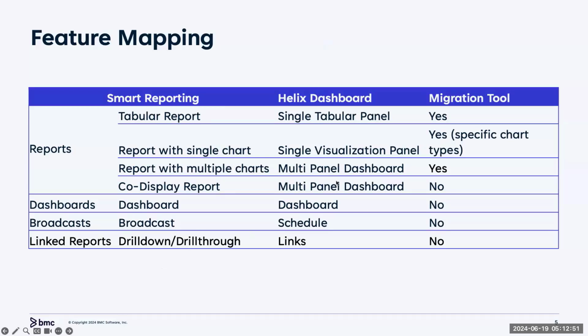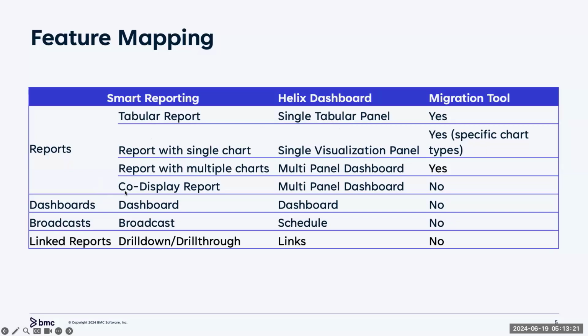First thing you should understand, and you've gone through some of those prerequisite trainings, is that in the Smart Reporting world there are different types of objects: reports and dashboards. But in Helix Dashboard, everything is a dashboard with one or more panels. For example, in Smart Reporting you have reports with single visualization or multiple visualizations.